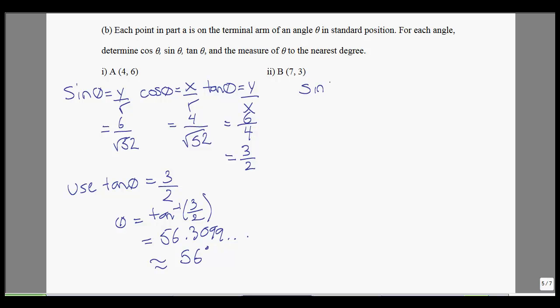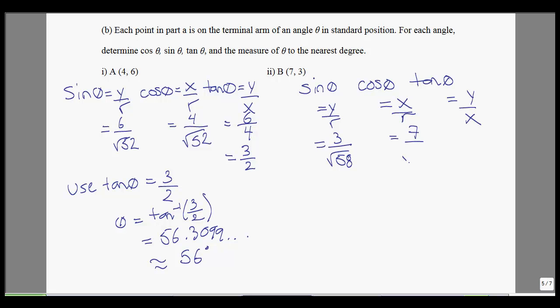For B, sine theta, cos theta, and tan theta. We get our y over r again, and our x over r, and then our y over our x, which equals 3 over root 58 from part A, and then 7 over root 58, and 3 over 7.